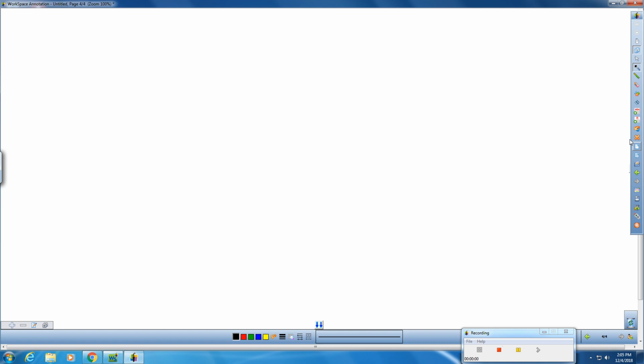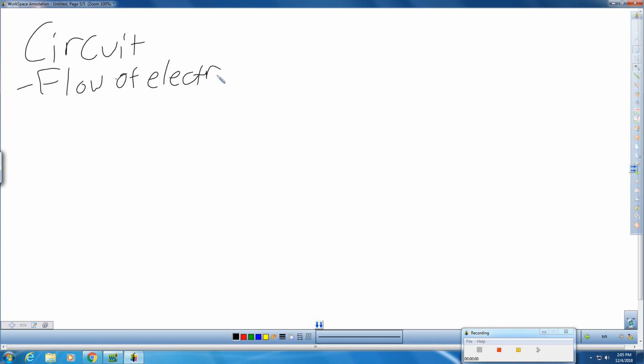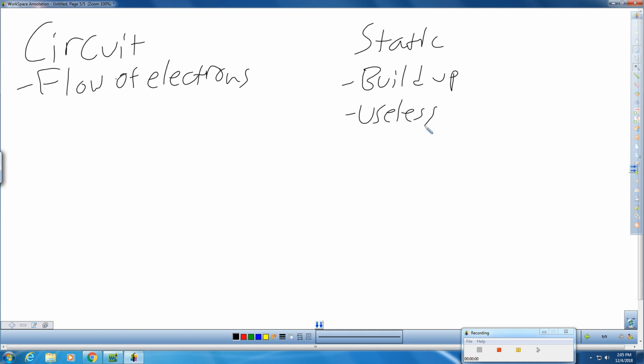Okay, and then the last thing is circuit versus static. A circuit is basically the flow of electrons, so there's lots of movement. When it comes to static electricity, it's actually buildup rather than flow. This is part of the reason that static electricity is generally considered useless, because it is not consistent and it can't be recycled.